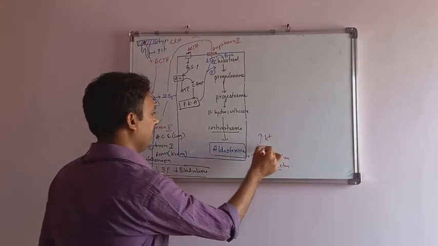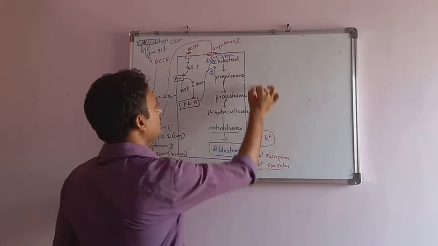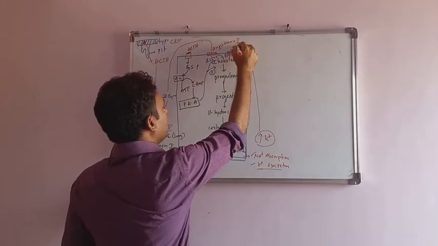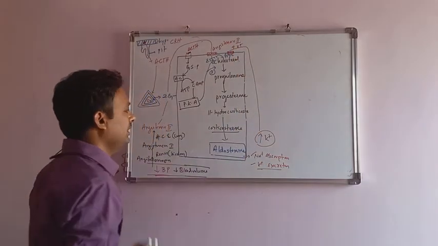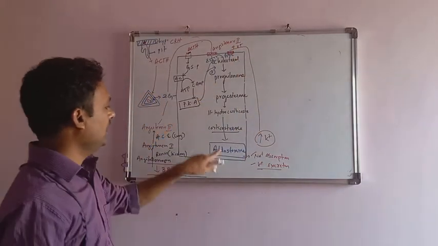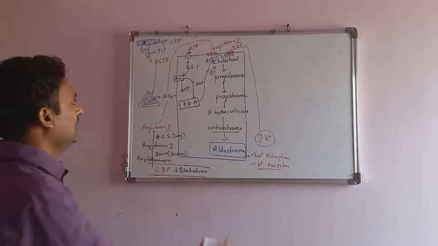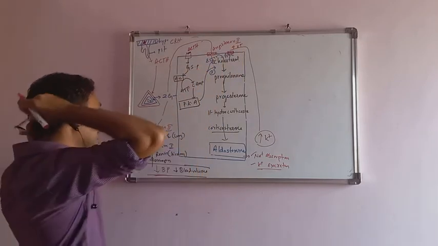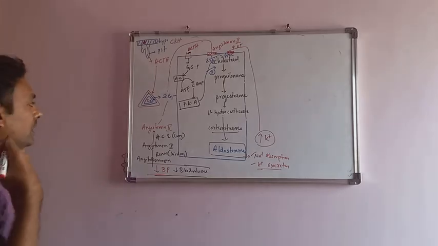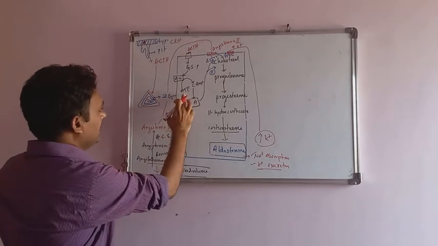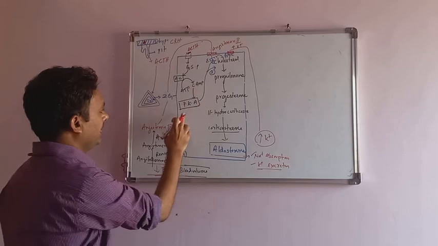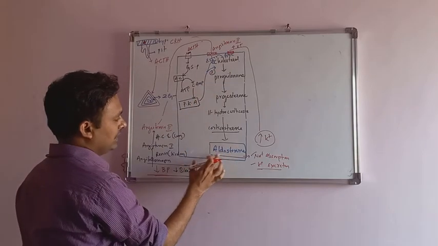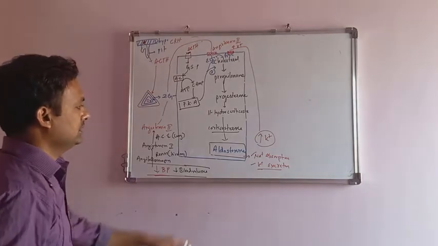A high potassium level is again a stimulus for aldosterone synthesis. It will stimulate the G stimulatory protein, leading to adenyl cyclase, ATP converted into cyclic AMP, synthesis of protein kinase A, and then aldosterone synthesis.